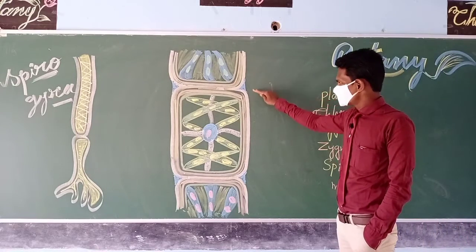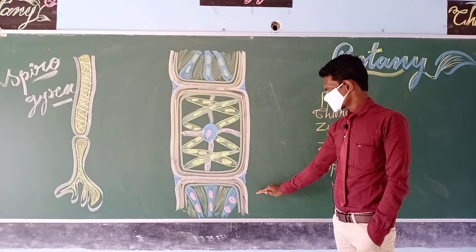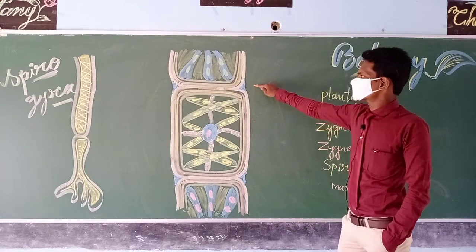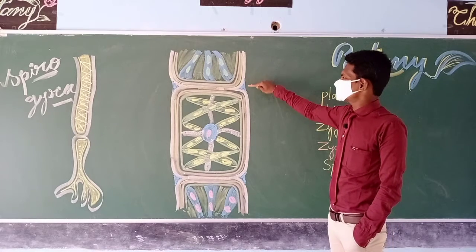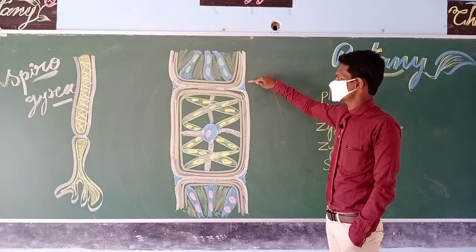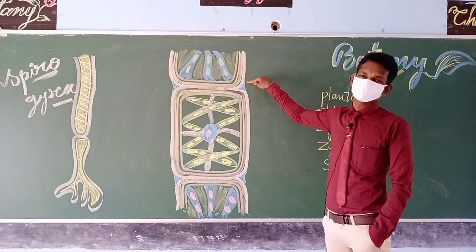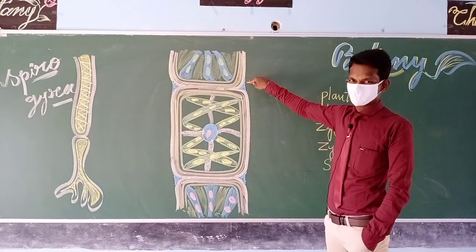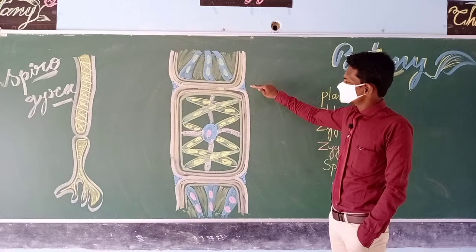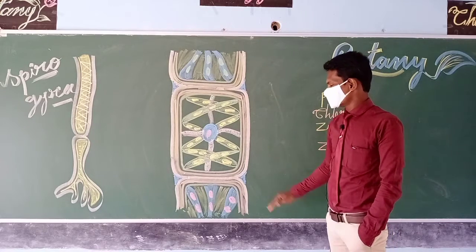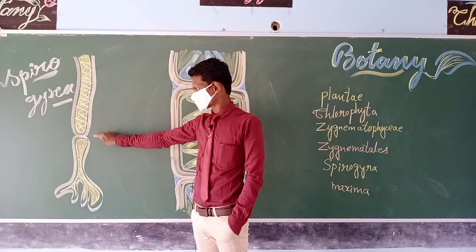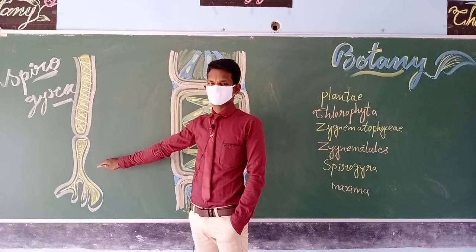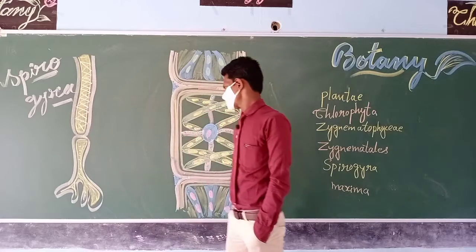Then coming to the vegetative characteristic features, Spirogyra is filamentous. In this filament the cells are numerous. Each and every cell is distinct and individual. A group of cells combined together form a filament, and here we could observe the filament in a rough diagrammatic representation.